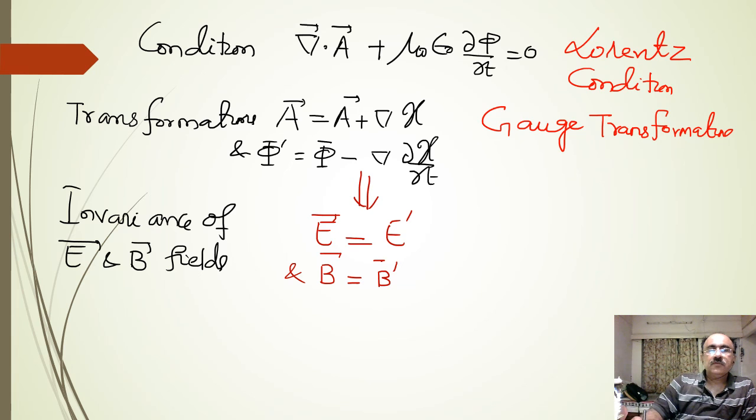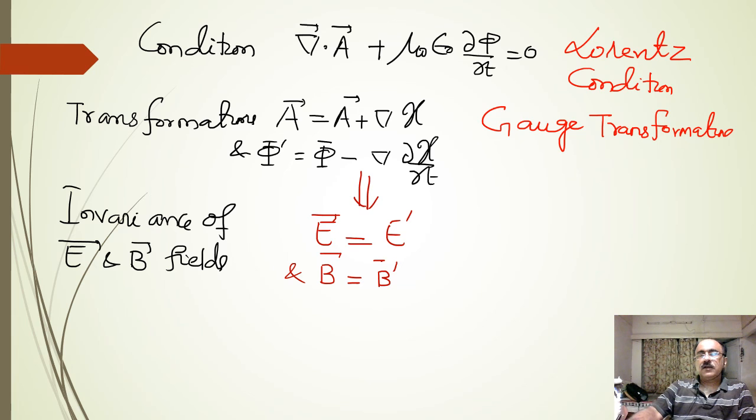So this is all about the uncoupling of the Maxwell equations to get separate wave equations, how we use the freedom involved in the definitions of B and E. The freedom involved is not in B and E, but in the auxiliary quantities A and phi. So A and phi can definitely be changed.